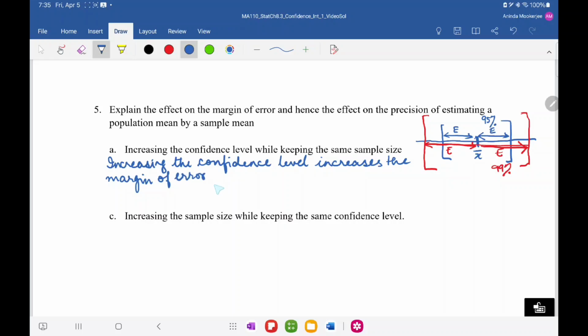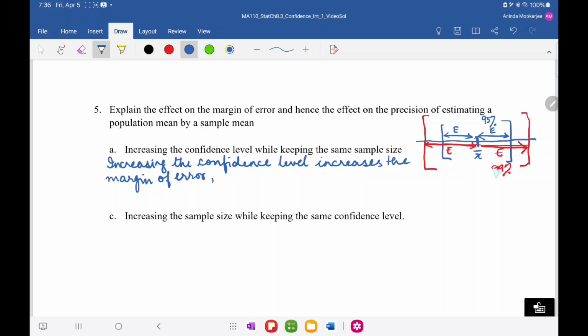You see over here, going back to this diagram, when we were using a 95% confidence interval, we had to be more precise. Our estimate had to be closer to what the actual mean is, right? We had to estimate within a narrow interval.